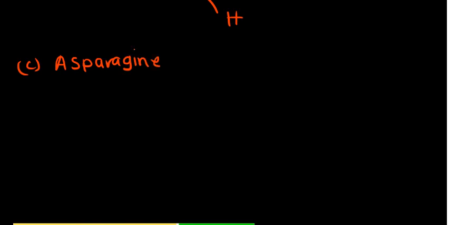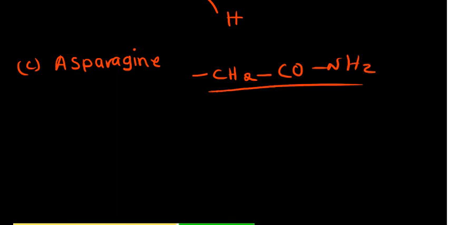The other group for asparagine is like this. We have CH2 attached to CO, then NH2. So it's polar because of this group here. Let's go now to the next one, glutamine.